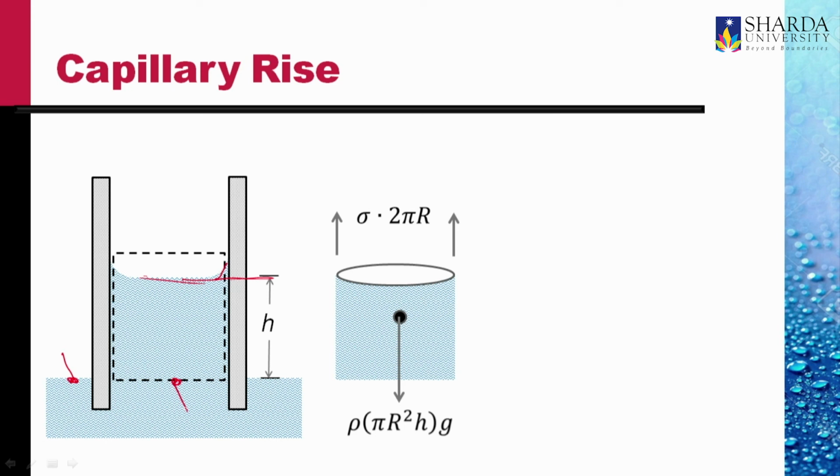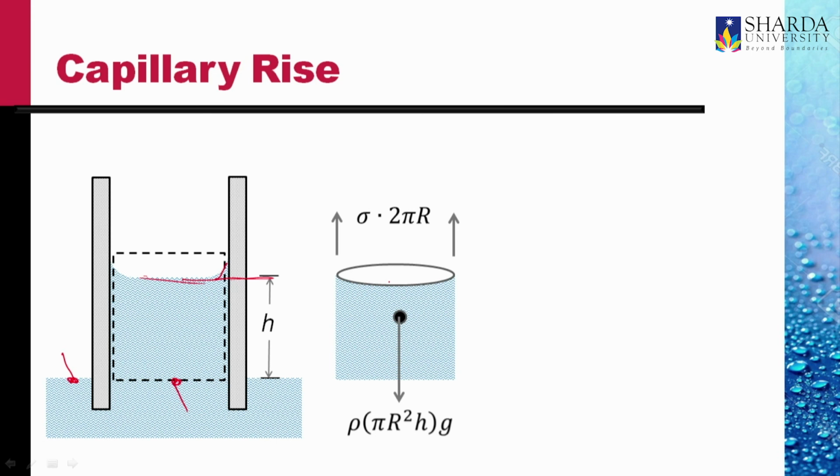So the pressure on the top is atmospheric, the pressure on the bottom is atmospheric. The other forces are the weight of this column of liquid, which would be the density times the volume, pi r squared, the cross section, times the height h, times g. And this is balanced by the surface tension force, sigma into 2 pi r, assuming that the contact angle is 0, so this force is vertically upward.